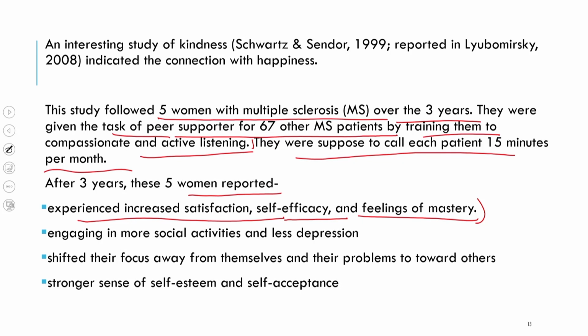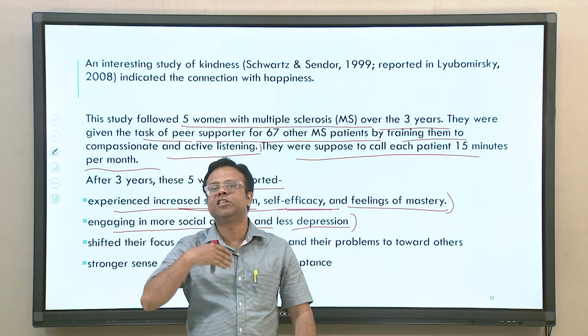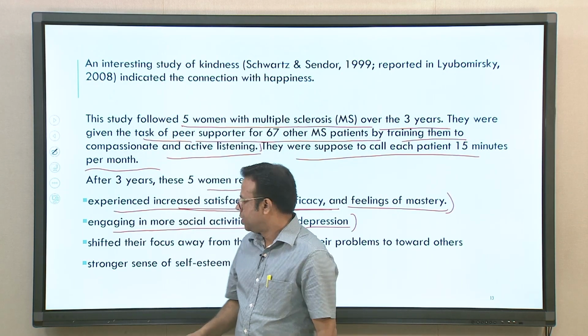One such benefit was they experienced more satisfaction in their life. Self-efficacy means they are able to feel that they can control their life, with more confidence. They engaged in more social activities and had less depression. The depression symptoms decreased and they engaged more in social activities.